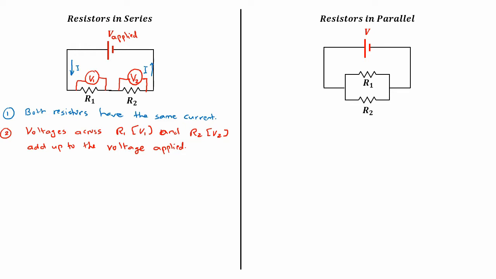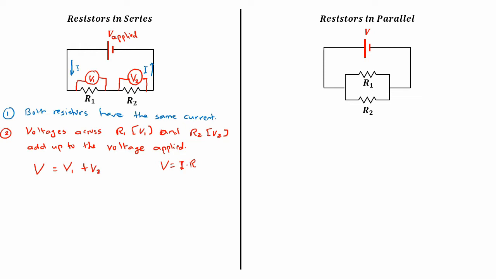Okay. Now with this information in hand, let's take this a step further: the voltage applied is equal to voltage 1 plus voltage 2, correct? Now using Ohm's law, we know that voltage is current times R. Voltage equals current times R, right?